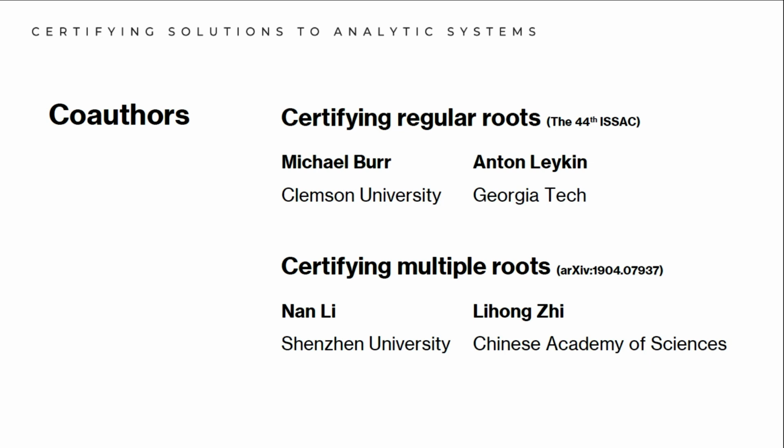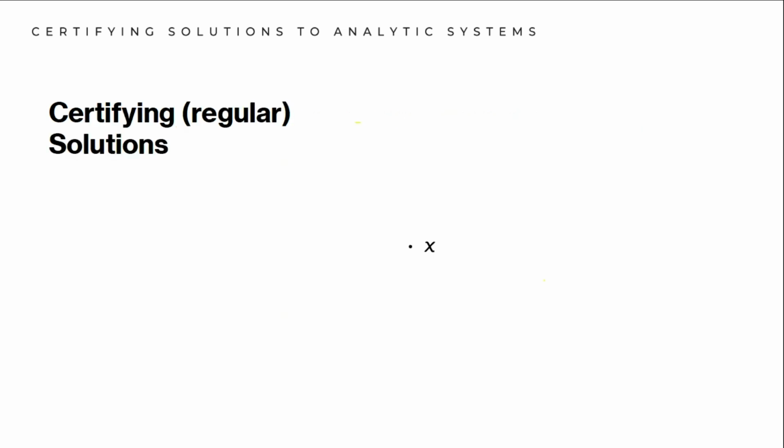Okay. So before I introduce the main part, I think I need to remind you what is the meaning of certifying the solutions. Let's say that you have some system of equations, and we solve that using some numerical solver. Then we're going to have this kind of point x in here, which is just the numerical root of the solution obtained from the numerical solver.